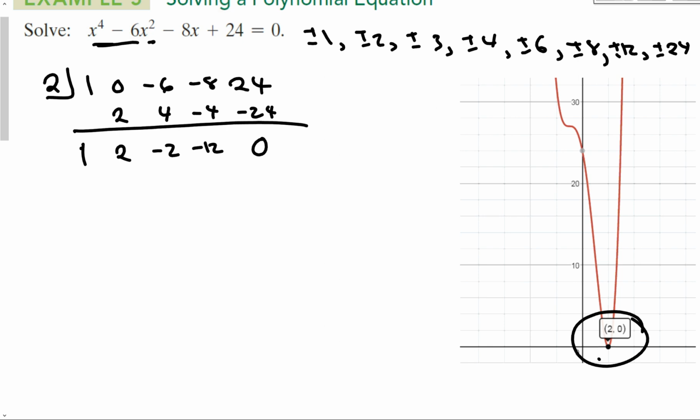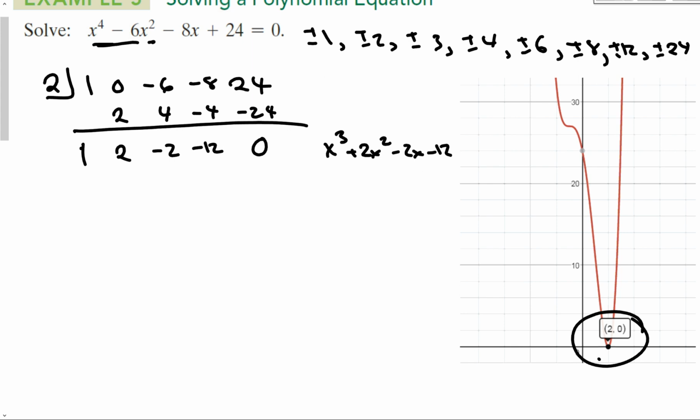Now, this is still x to the third plus 2x squared minus 2x minus 12, which I can't really factor very well the way it is. So I'm going to have to keep guessing and checking to see what other factors work.